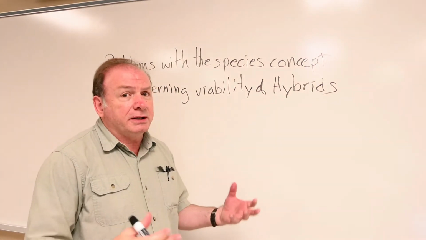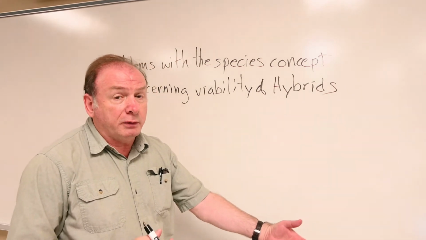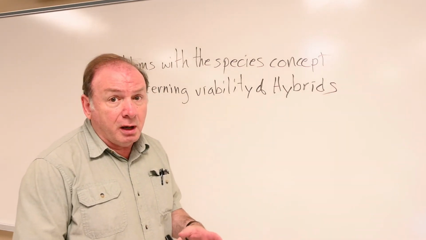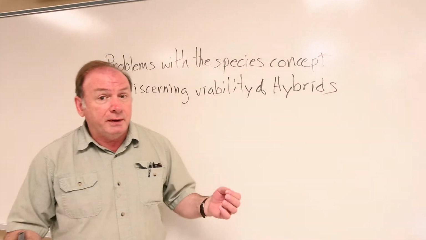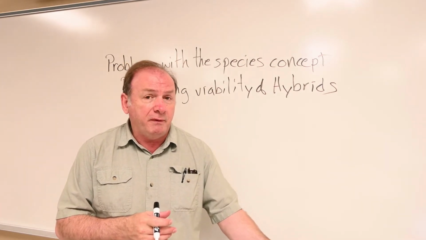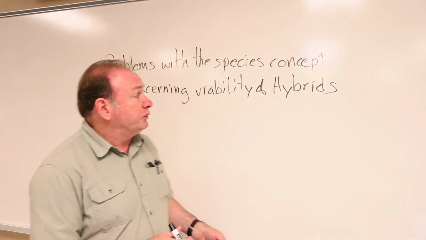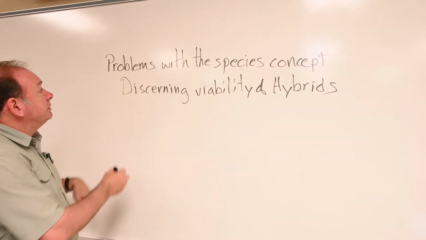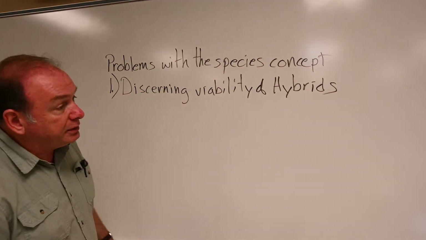While horses and donkeys can interbreed and produce a mule, mules can't generally produce any more offspring. So that's a sterile offspring condition. There are a lot of different kinds of organisms out there that we don't know, if they came together, would their offspring be viable? Would that offspring be able to produce more and more offspring out there? So that's our first one there, discerning the viability of hybrids.